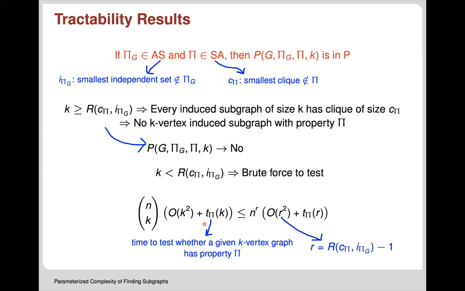If T(Π, k) is the time to test whether a given k-vertex graph has property Π, then the total running time is this much.